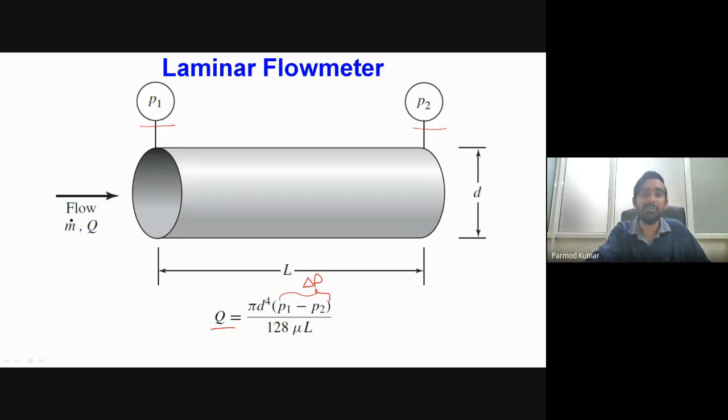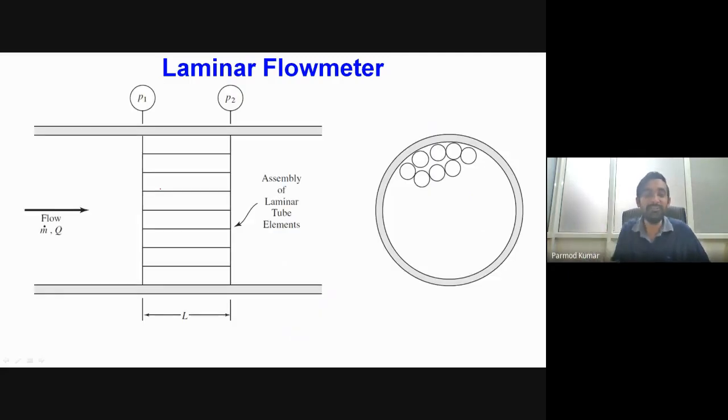Okay, however, if we are employing this particular device for measurement of flow in the case of high Reynolds number flow, what we can do is, across the cross section of the pipe we can have a large number of small tubes, so flow will be divided into these small tubes, and inside each tube we will be having less velocity and less diameter.